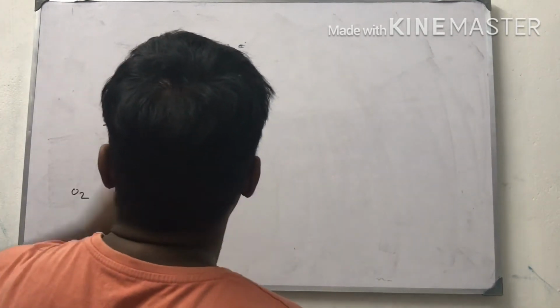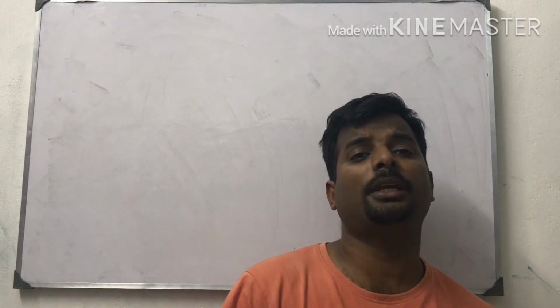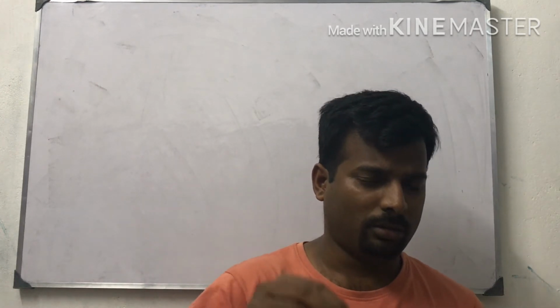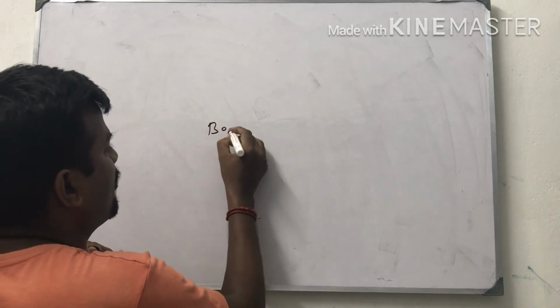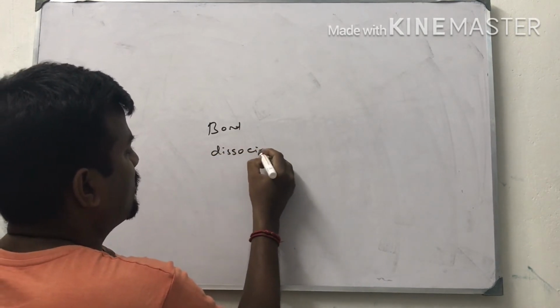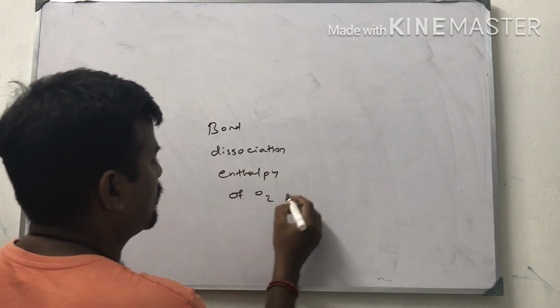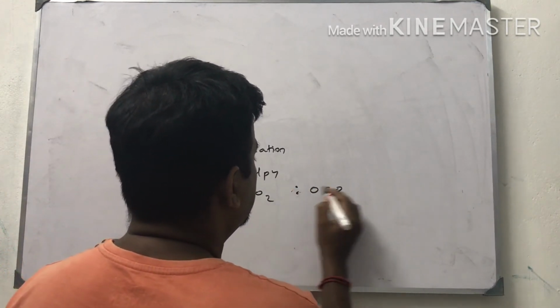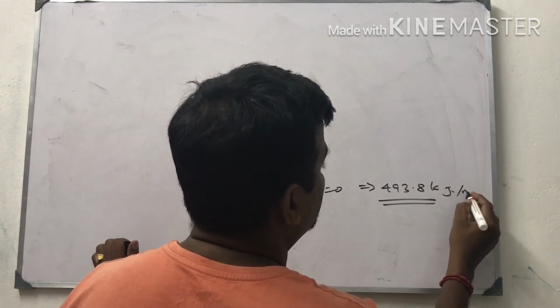Dioxygen combines with other elements. This combination is highly exothermic. A strong exothermic reaction takes place, but the reaction is started by applying some amount of heat, because the bond dissociation enthalpy of oxygen, O double bond O, is equal to 493.8 kilojoules per mole.